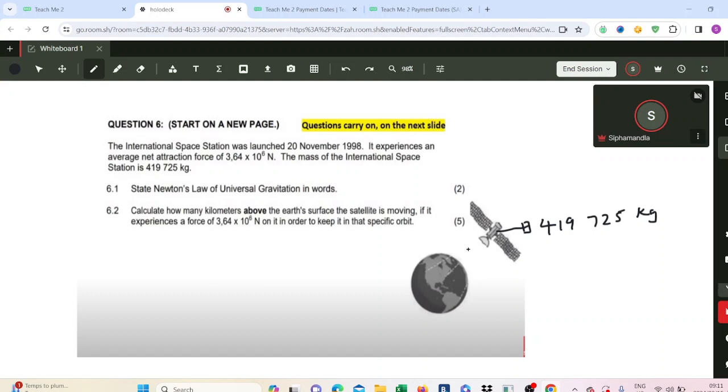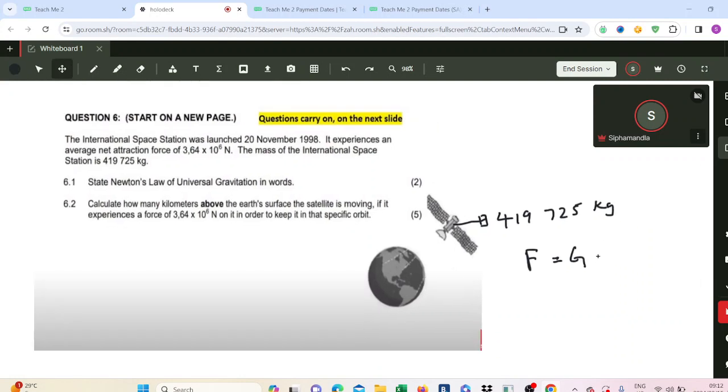So the formula you have to use is F, the gravitational force, is equal to G, the universal gravitational constant, times the mass of the earth, times the mass of the satellite, divided by the radius between the earth and the satellite, squared.